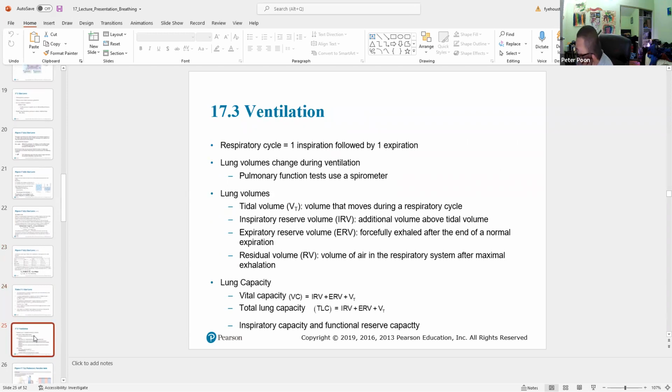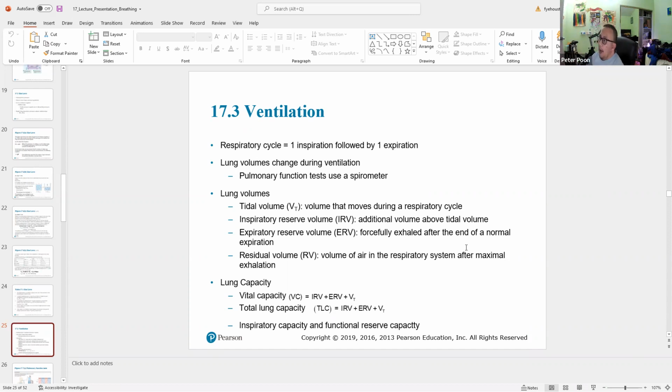Okay. So more definitions. Respiratory cycle: one inspiration followed by one expiration. Tidal volume is what you are breathing right now, the volume that moves during a respiratory cycle.